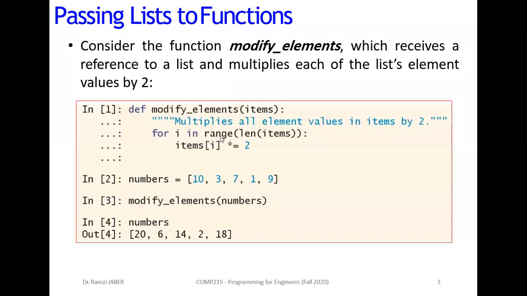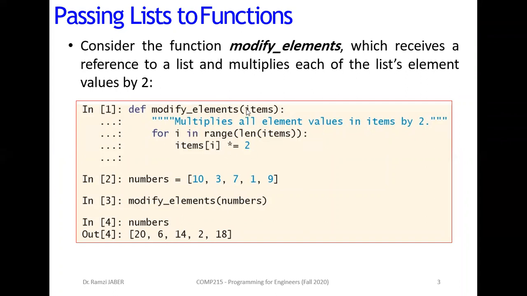So for i in range, two functions cascading here: the range function, and inside it the len function. That's the advantage of Python, we can use many functions. So we define a customized function to modify elements in a list called items here, and we want to multiply each element by 2.